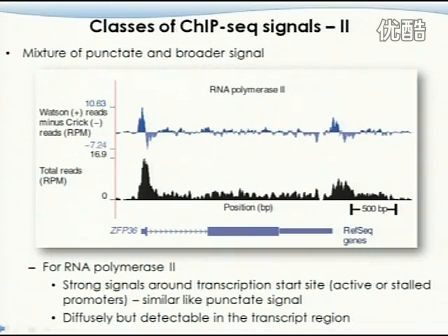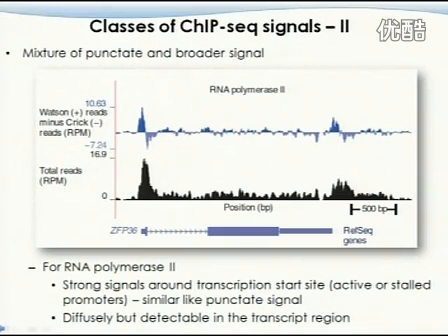So strong signals around the transcription starting site and active or stalled promoters, similar to the transcription factor binding site signals, and then diffuse but detectable signals in the transcript region. So you can see in these regions, there are a lot of signals, but much less than at the transcription factor binding sites. Okay? So this makes sense?